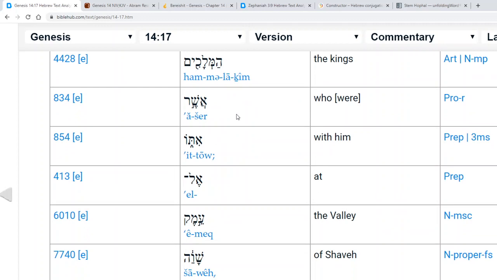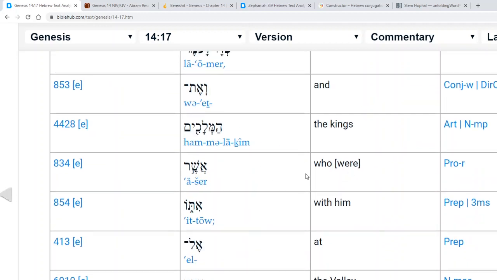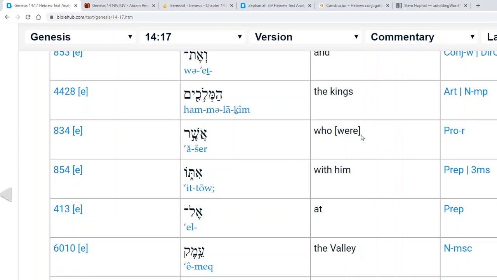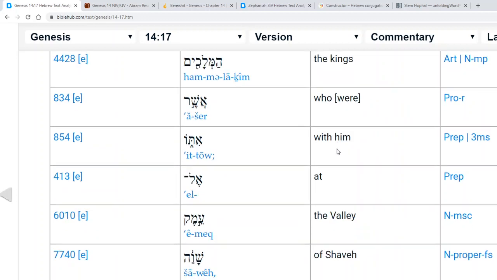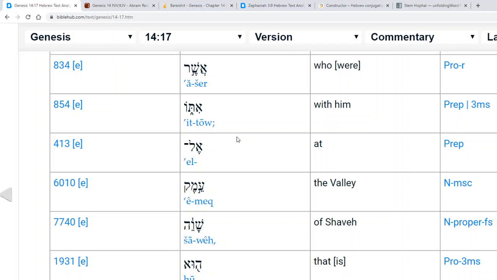Asher ito. So here the pronoun relative asher is being used as the present tense of the verb to be. Ito. So remember, we said oto would be if it was the direct object marker. Ito, with him, is when it's the preposition.